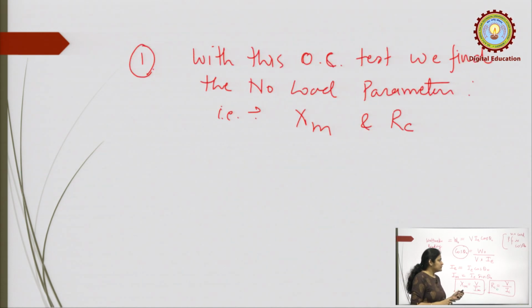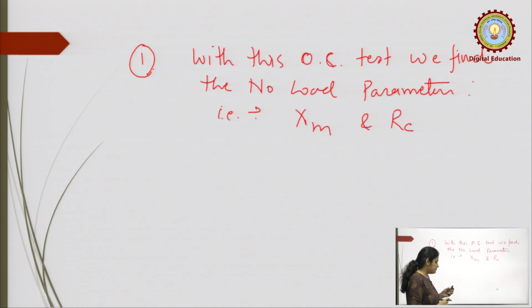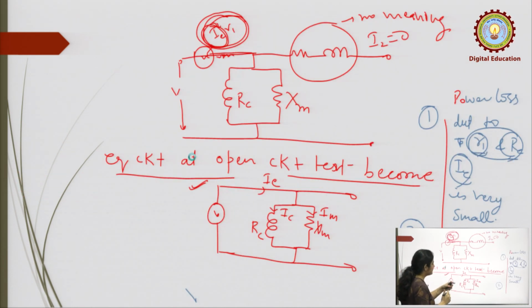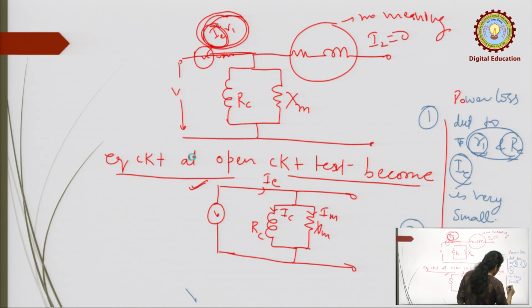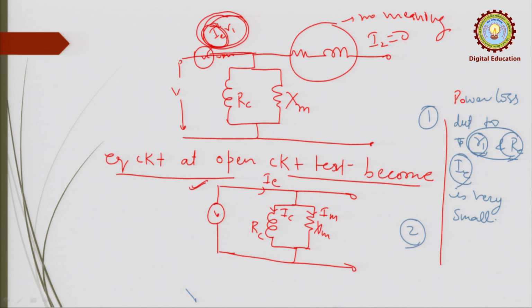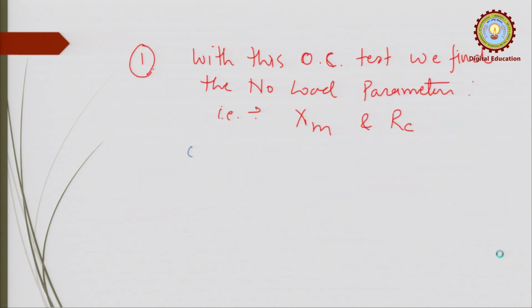So the core loss is proportional to the voltage square.